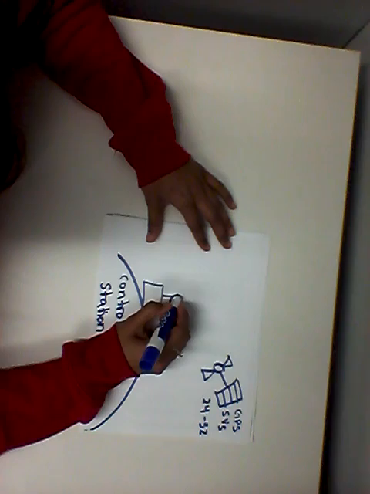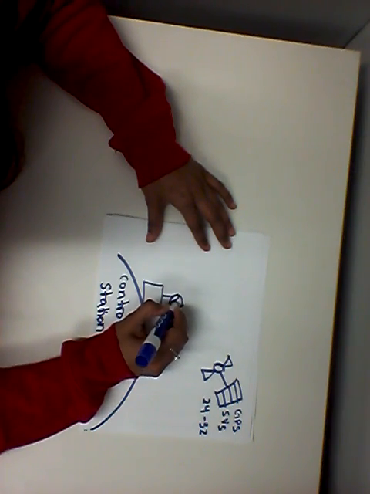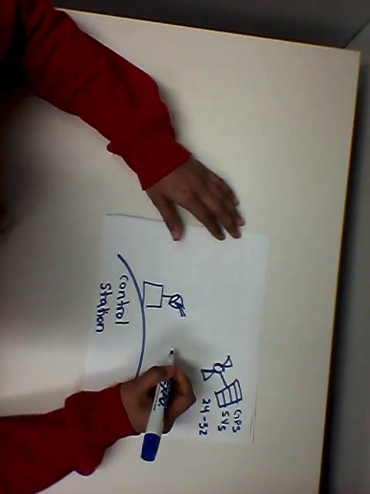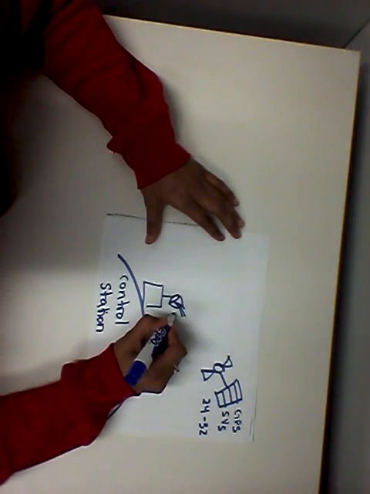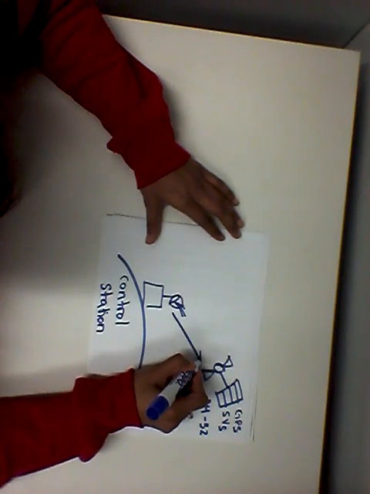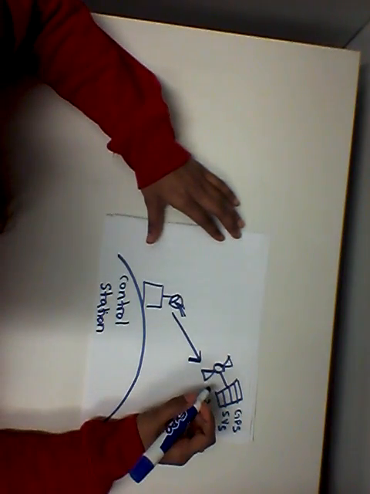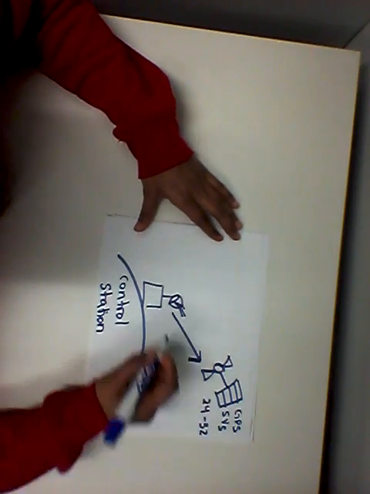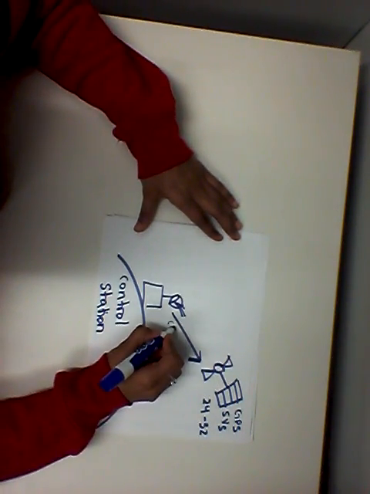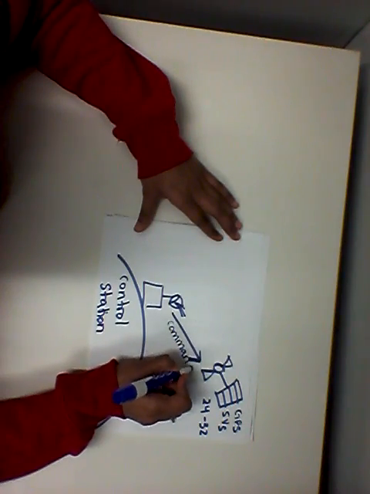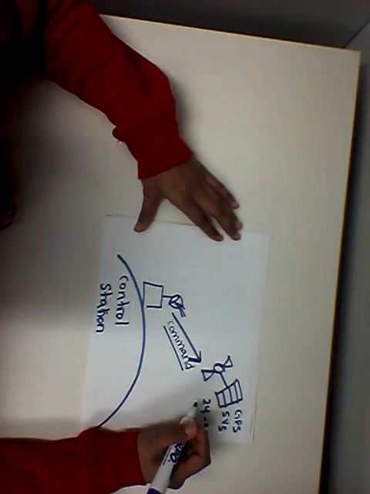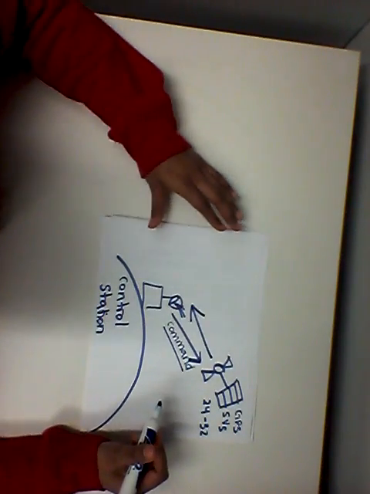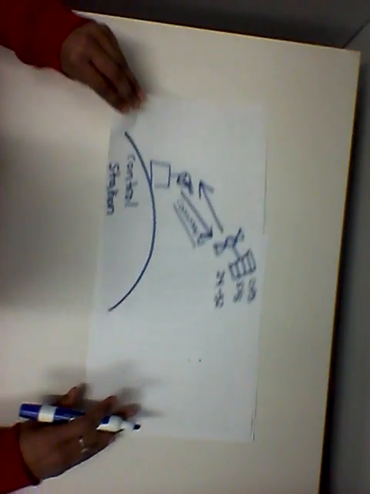This is where we send some information to the space vehicles, and also where we send the commands to the space vehicles on what we want them to do. And then the satellites send us data back to the control stations.